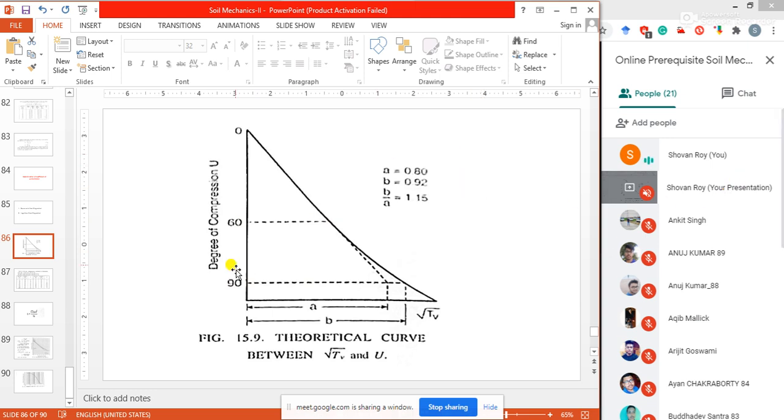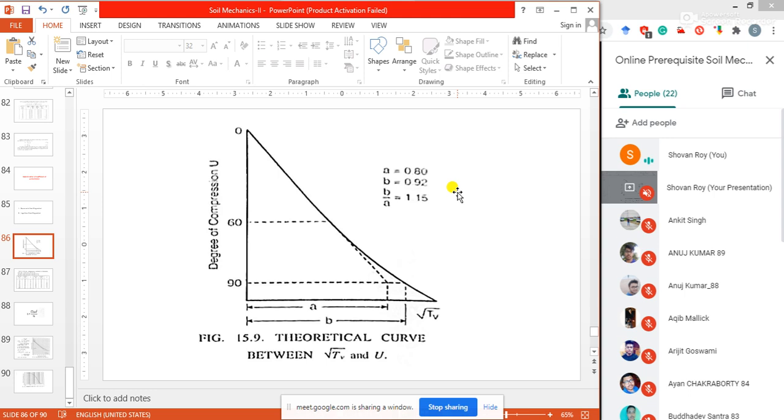That's why the magnitude of the time factor, the a value, is 0.80, which is taken in the figure, and the b value is 0.92.